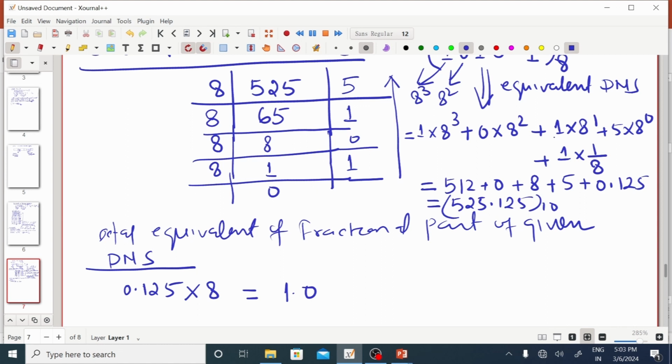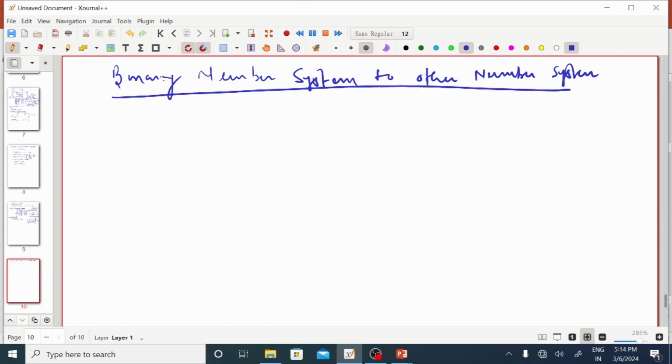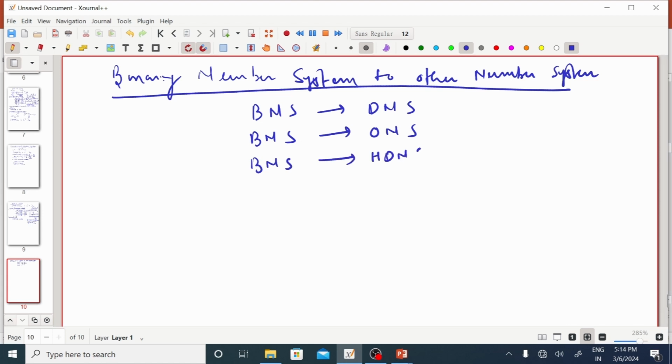So this is the process of converting the binary number system to other number systems. If a binary number is given, how do we convert? We already discussed the process of converting binary to decimal, then binary to octal, then binary to hexadecimal number system.